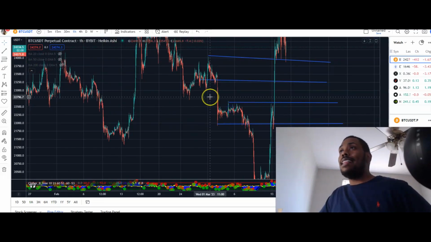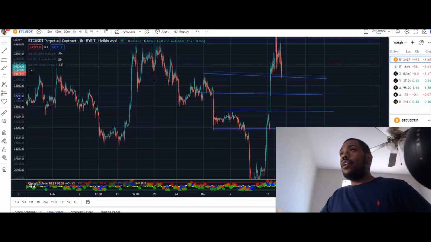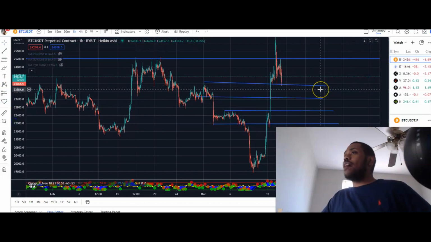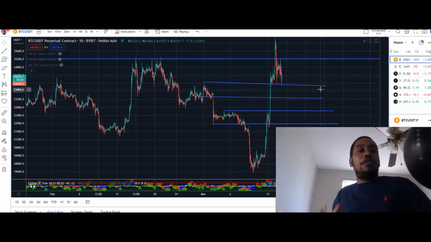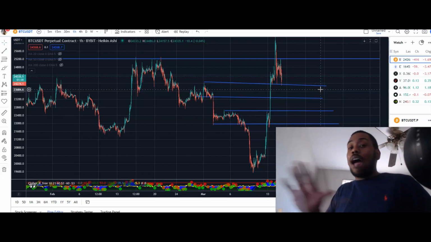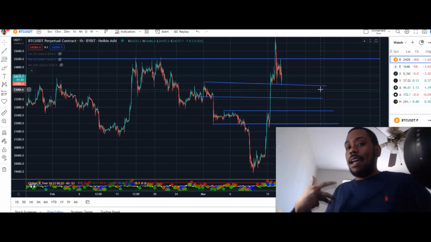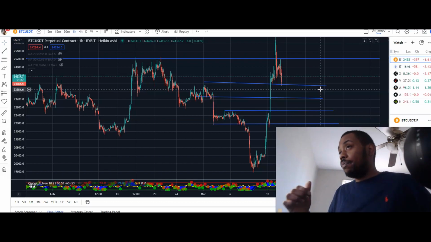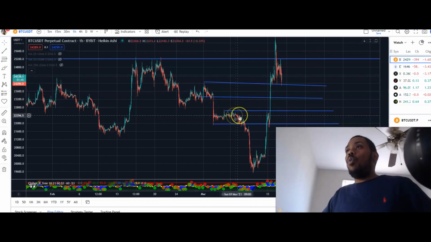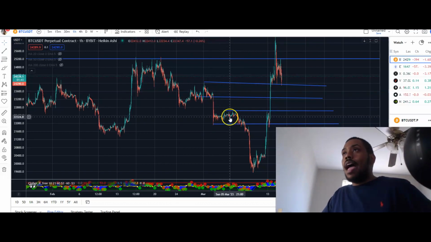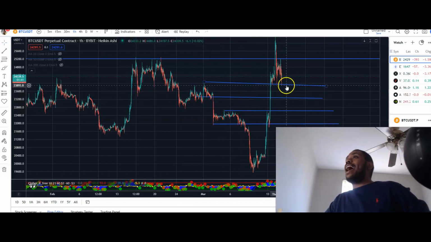Just taking a look at the hourly here, the tip that I wanted to give you guys is, a lot of you guys FOMO into trades. This tip is probably going to get you out of FOMOing into trades if you build out these zones. Because now, when we're in an uptrend and we're making higher highs, lower lows, we want to find one of these areas that the market can come back down into.